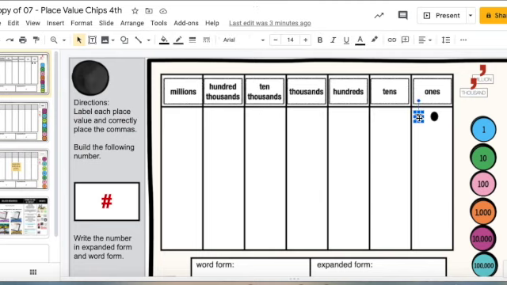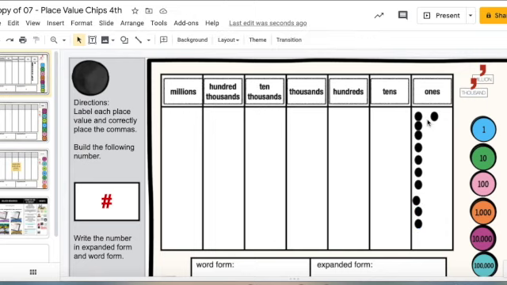So we would have to have 1, 2, 3, 4, 5, 6, 7, 8, 9, 10. We have 10 ones there, which would make how many tens?